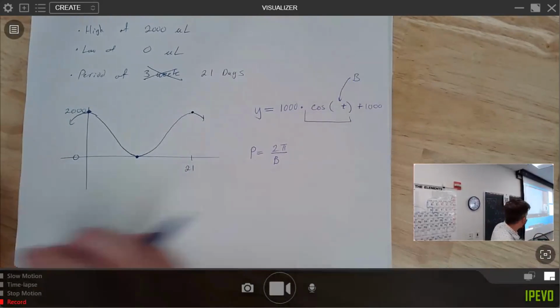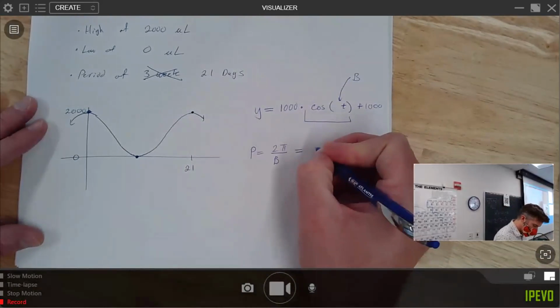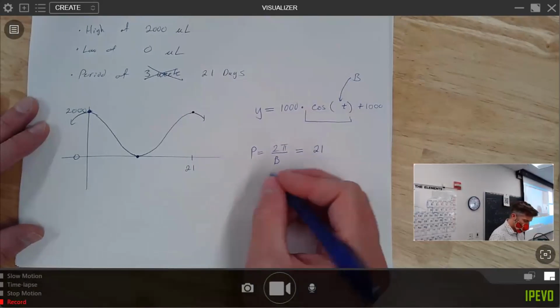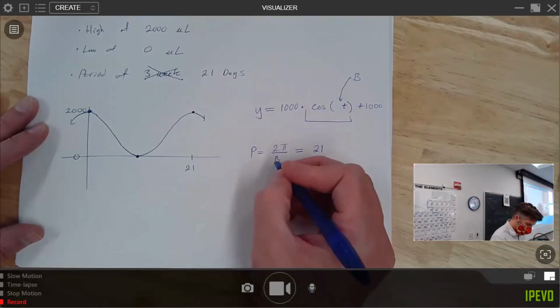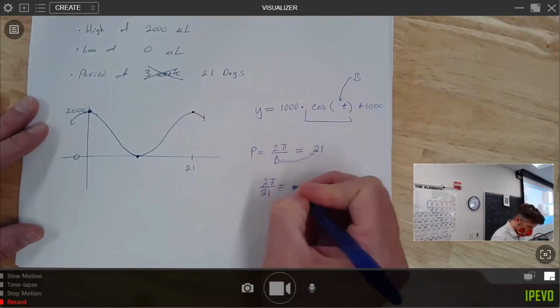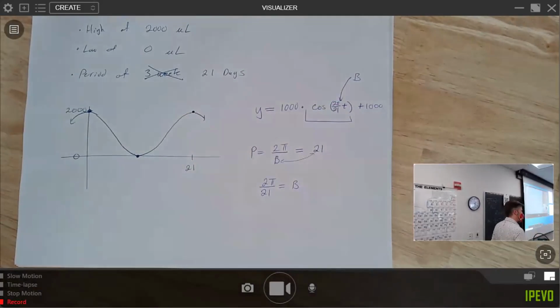We often give it a b value. And I want this period to equal 21 days. So if I'm trying to find the coefficient, essentially these can swap places, and 2 pi divided by 21 should be the coefficient that goes there. If you're not sure about this value, and I often am not, like, is that really the right value?